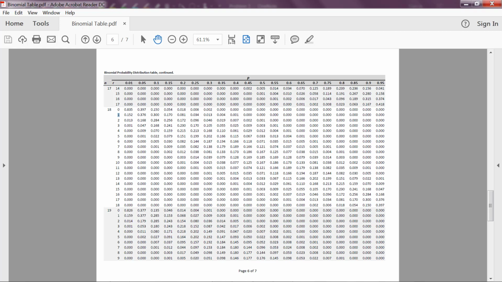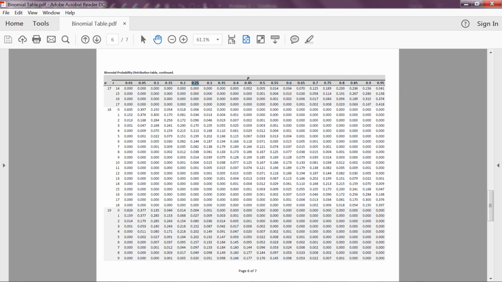The next thing we need to look at is our probability, which is right along the very top. Here's P at the very top. So we're going to be looking for a probability of 0.25. Now we're going to identify the intersection where n of 18, one person, intersects with the probability of 0.25.